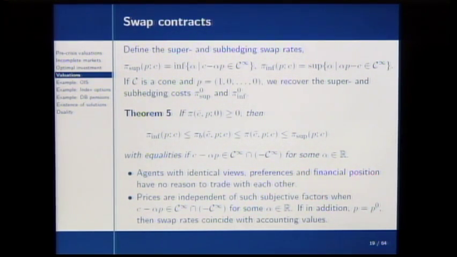So if those two arbitrage bounds happen to be the same, it follows that these indifference swap rates are also independent of these subjective factors. But only then. In general, they are different from the arbitrage bounds, and that's exactly because of this subjectivity.